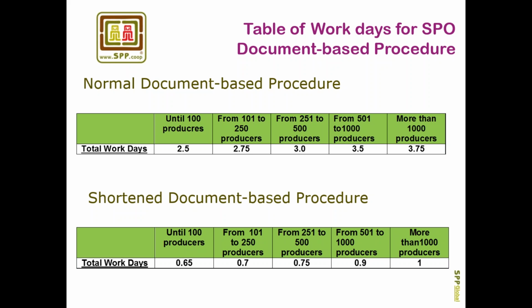But more or less the average is $400 or $500. Then if the fee per day is $500 and the total work days up to 100 producers are 2 days and a half, the total cost would be $1,250. $1,250 is the offer for the certification in the case of a small producer organization.